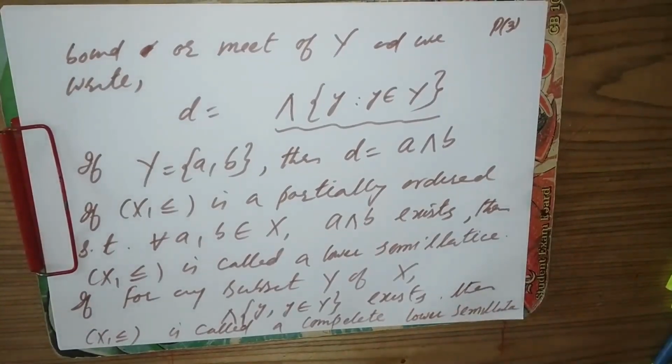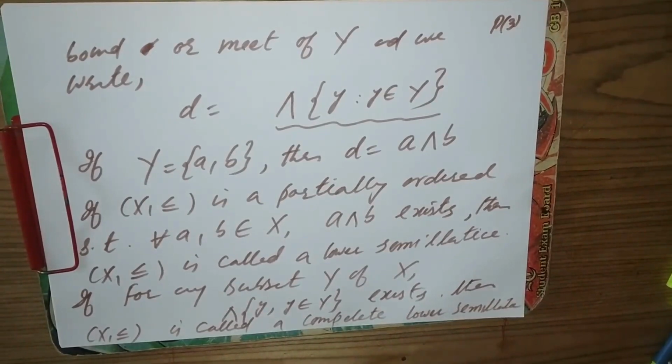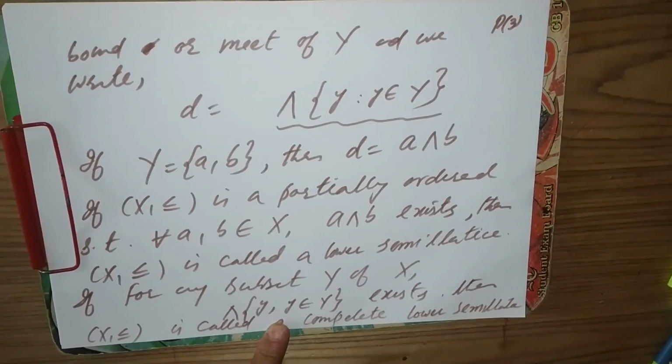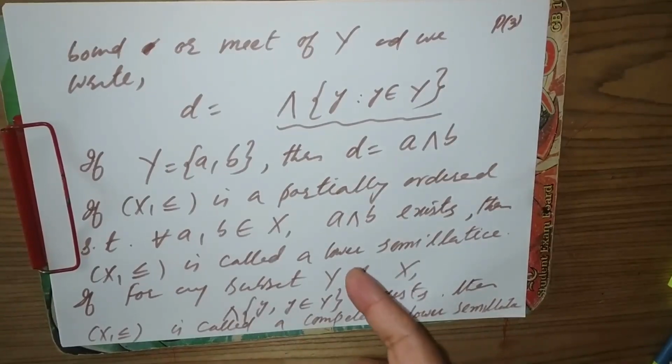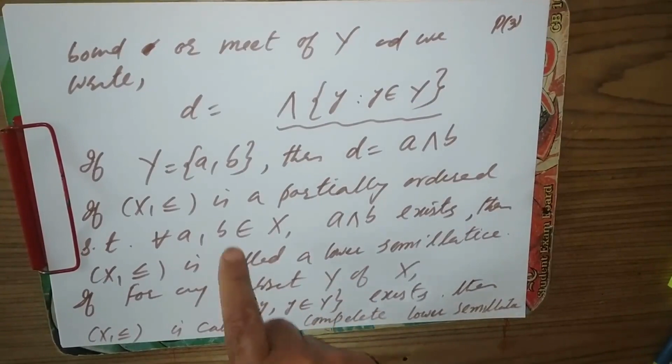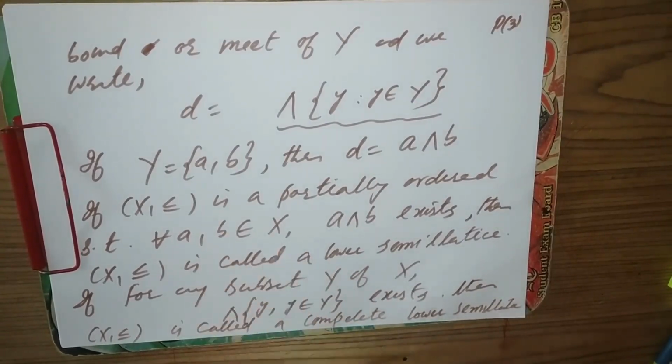So complete means the greatest lower bound exists for any subset Y of X, and lower semilattice means that the greatest lower bound of any two elements a, b of X exists.